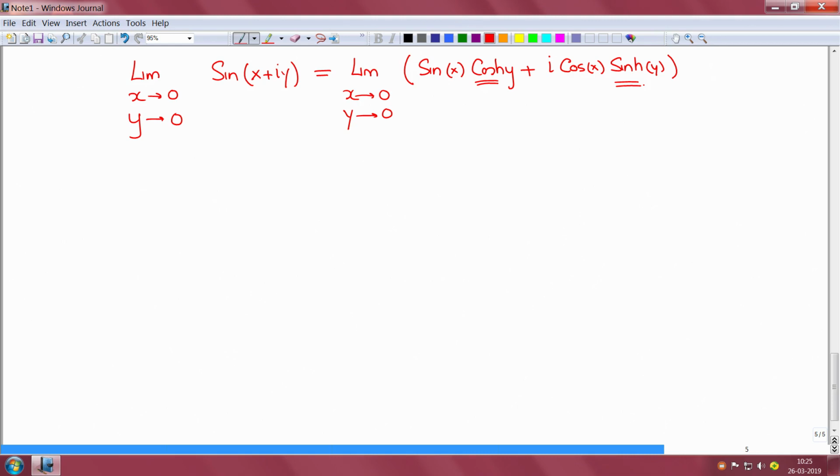Now we will take x going to 0 first. So for case 1, x is set to 0 first. Then I get the remaining, which is limit y tending to 0, and x is 0, so this term is 0.